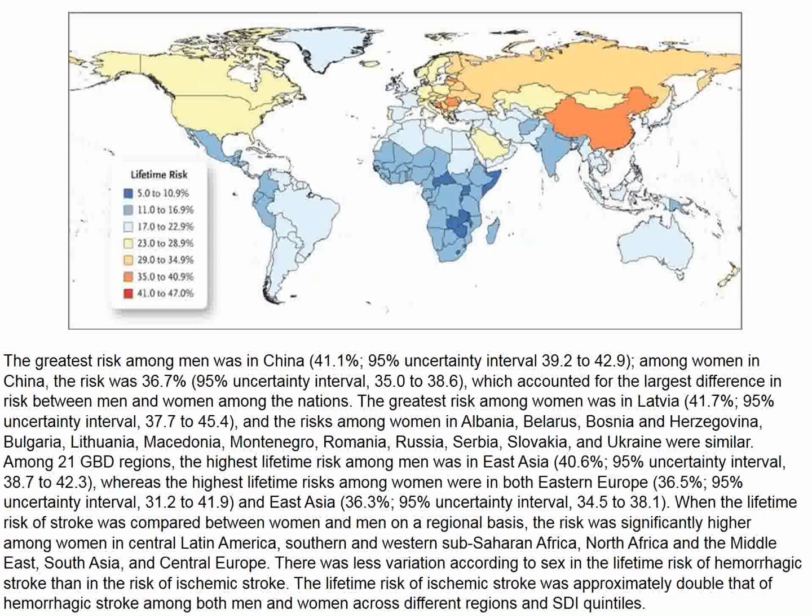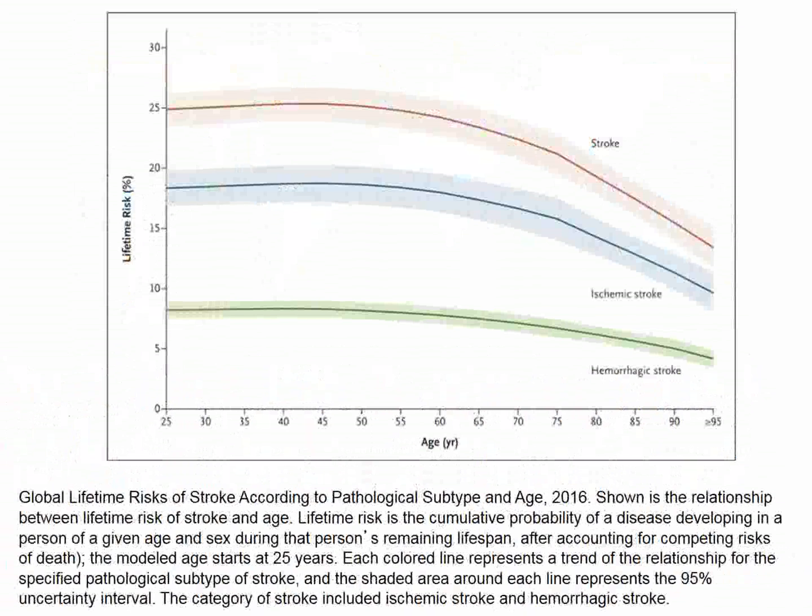The orange or reddish areas are where strokes are more common, and the bluish to dark blue areas are areas in the world where strokes are relatively rare. Now, the reasons for this are not entirely clear, although the risk factors for stroke are also distributed across the world, and probably the best we can do is lower blood pressure and not smoke.